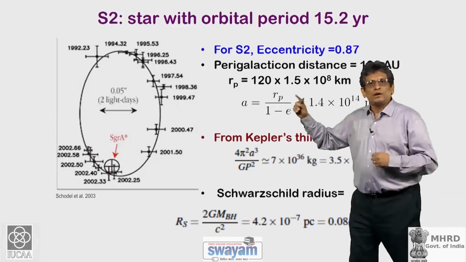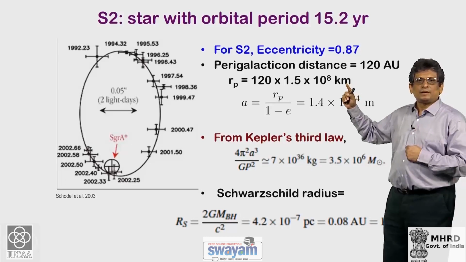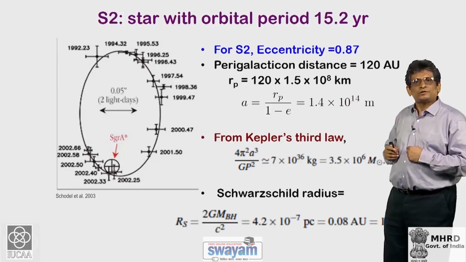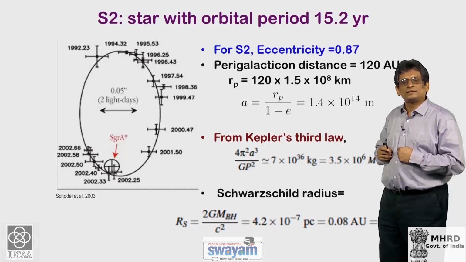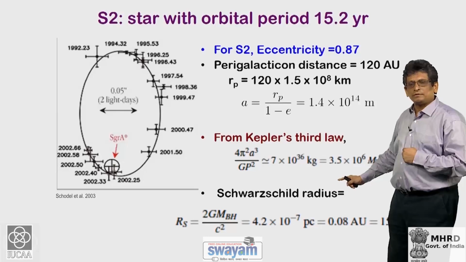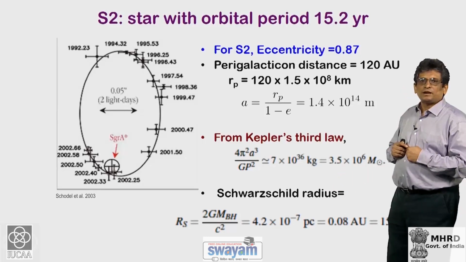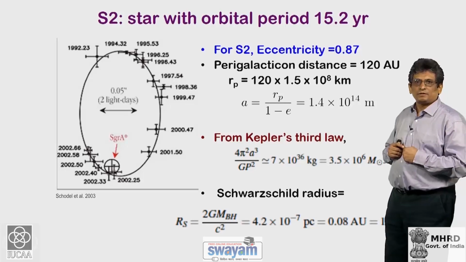Sorry, one could measure the closest distance that the star gets to from the central object, and one could use simple Kepler's third law to infer that the mass of the central object is 3.5 times 10 to the 6 solar masses.